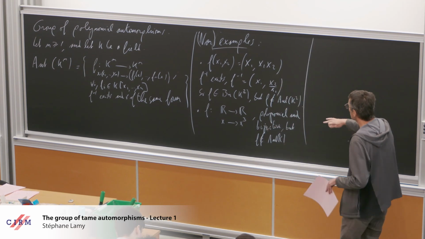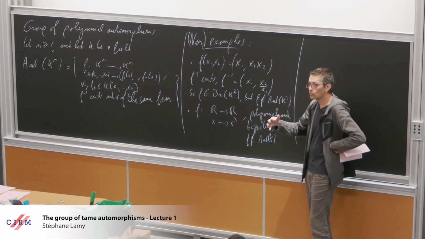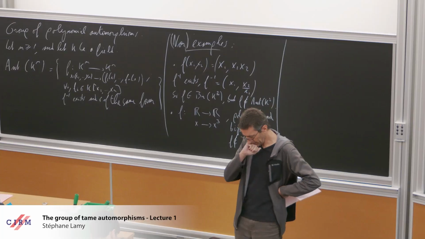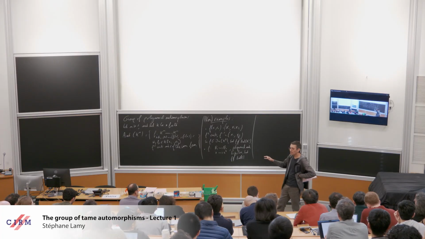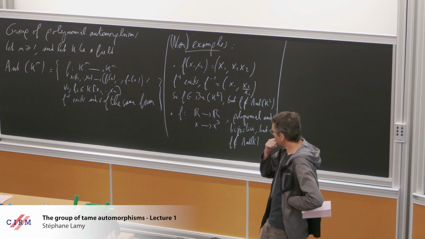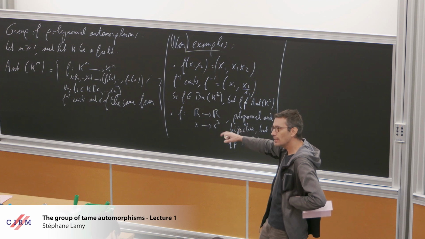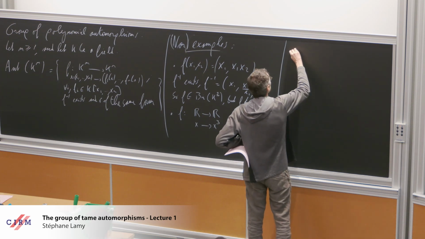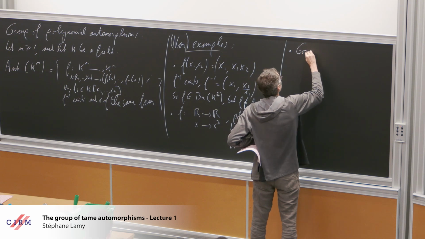Okay, I want to use these two easy counterexamples just to say that, secretly, here I'm doing some algebraic geometry. And the real definition is not this one, it's a definition in algebraic geometry. So the good definition should be the following one.